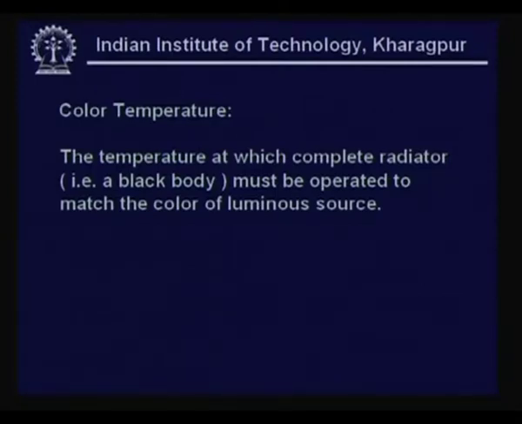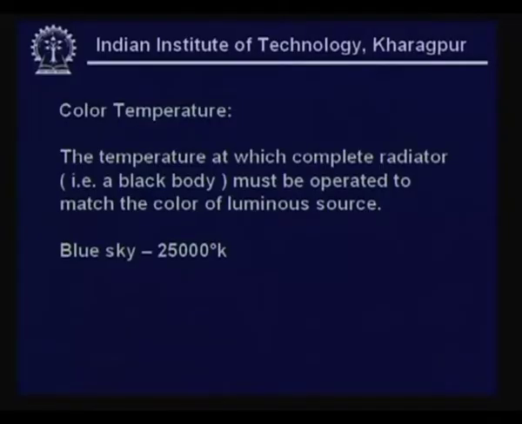So, when we say a source has a color temperature of 1000 degree Kelvin, it does not mean it is operated at 1000 degree Kelvin. It means that a perfect black body needs to be operated at that temperature to get the same radiation output.